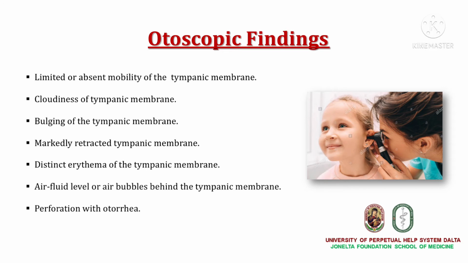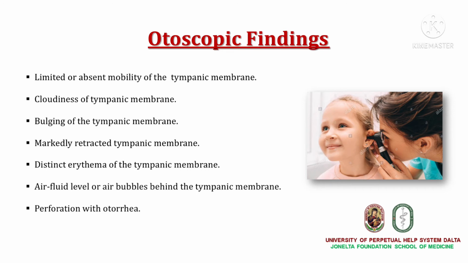If the patient has limited or absent mobility of the tympanic membrane, that is one characteristic finding of the tympanic membrane in acute otitis media patients. The patient might have cloudiness of the tympanic membrane, bulging of the tympanic membrane, markedly retracted tympanic membrane, and distinct erythema of the tympanic membrane. We know the characteristic appearance of the tympanic membrane in acute otitis media: in the hyperemia stage, that is the cartwheel appearance.